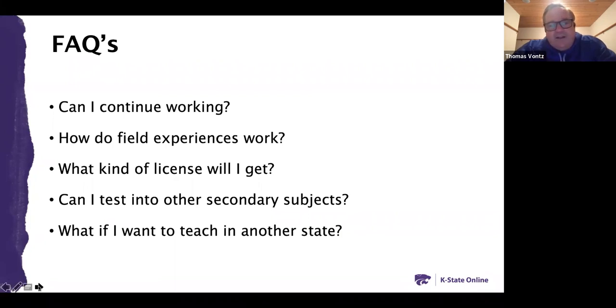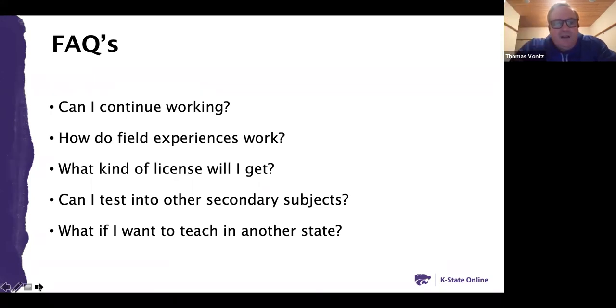One of the great advantages of being a teacher is mobility. Once you have teacher certification, you're good, you can go anywhere and get a teaching job. And there's also a lot of vertical mobility too.